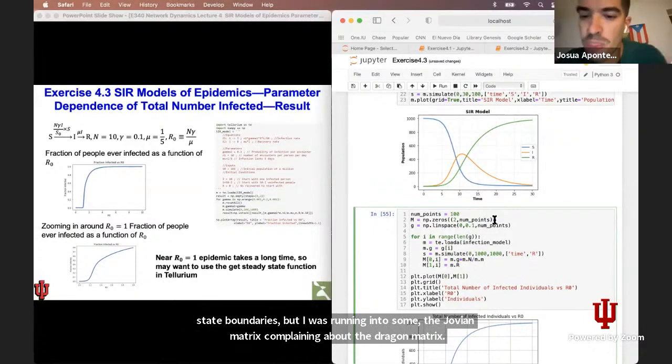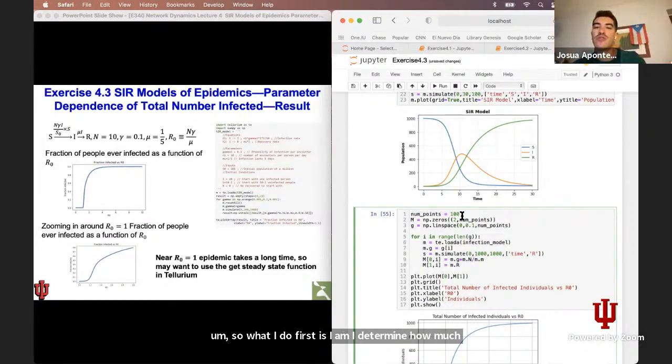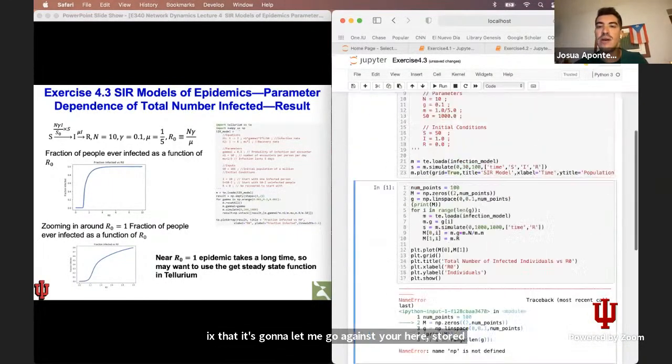So what I do first is determine how many different R naughts I want to try. I'm going to try 100 different values of R naught, and then I create a placeholder, which is basically a 2 by 100 matrix that will let me store the values as I simulate the model.